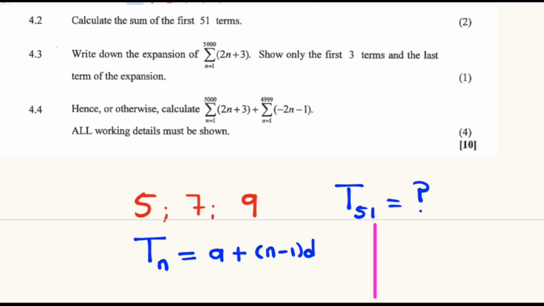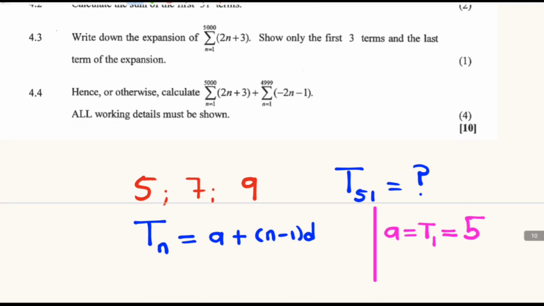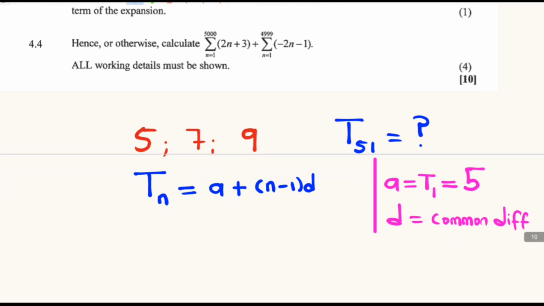The a is equal to the first term or term number 1, which is equal to 5 in our case, and the d is the common difference. Remember that we have to determine term number 51, so our n is equal to 51.